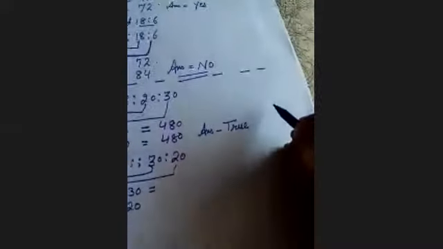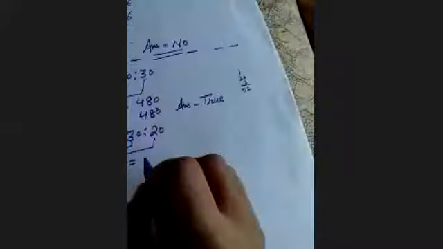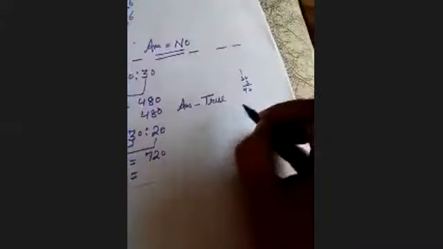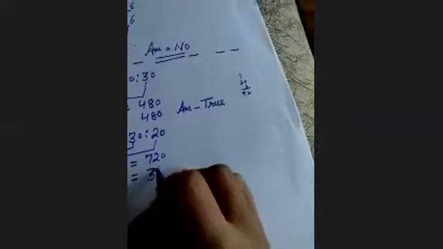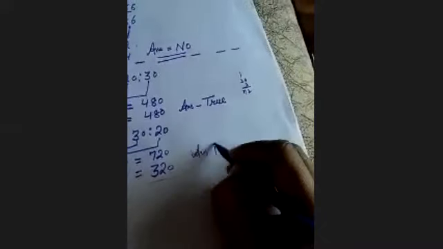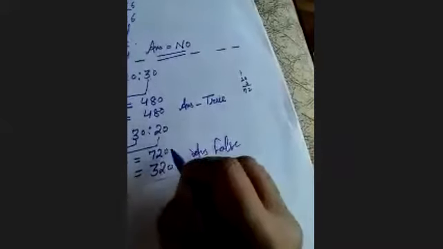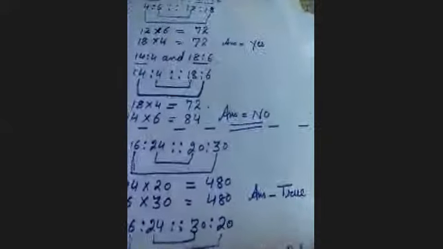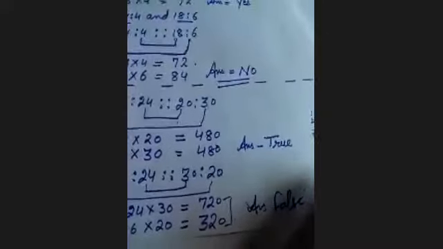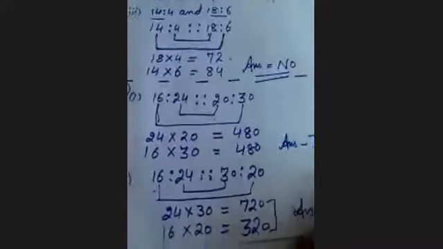Now find the product. 24 into 30 is 720 and 16 into 20 is 320. So your answer is false, because the product of mean terms and the product of extreme terms is not equal.